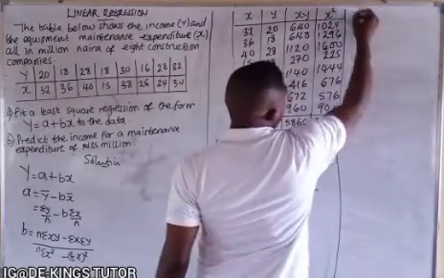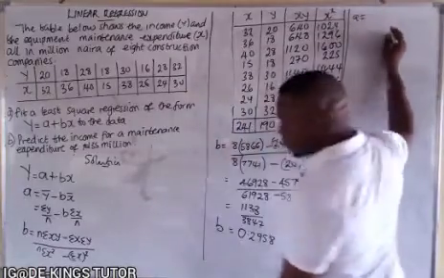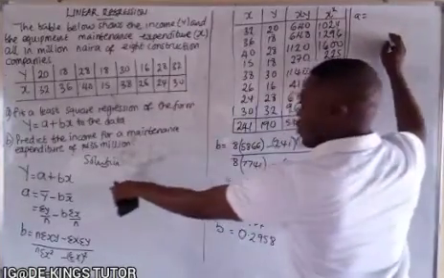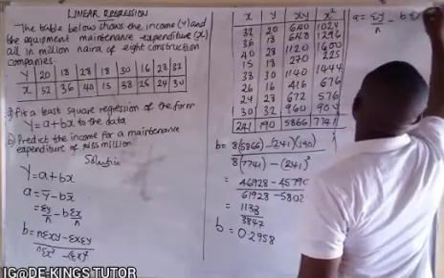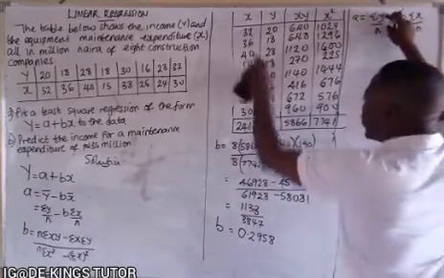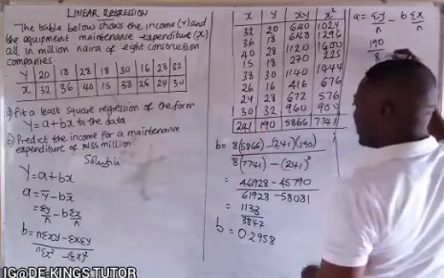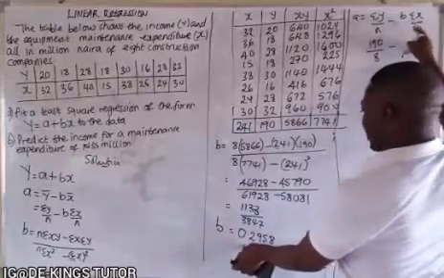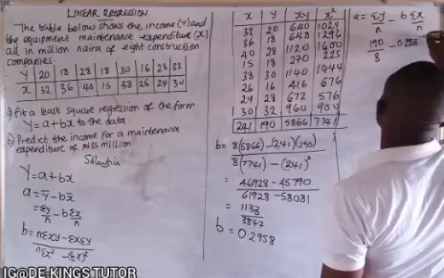Now what is A? A will be equal to summation y over n minus b times summation x over n. So what is our summation y? 190. Our n is 8. What is my b? 0.2958.